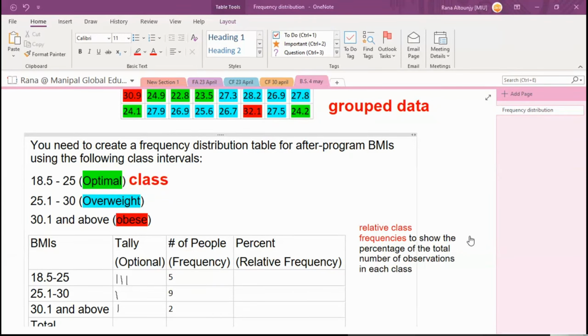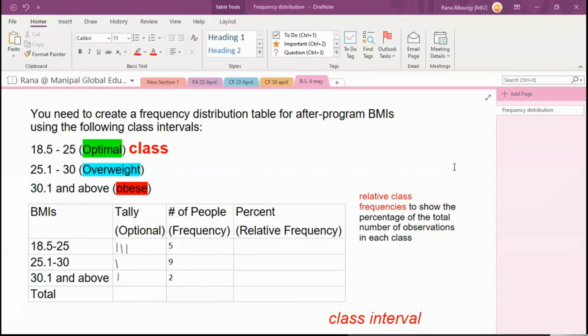Like this, we learn the frequency distribution for qualitative data and quantitative data. Because if you notice here, we are working with a very small set of data, like 16, 20. So it's easy, we check one by one. But if we are talking about a set of data, let's say 100, 1000, there is no way we do it manually.